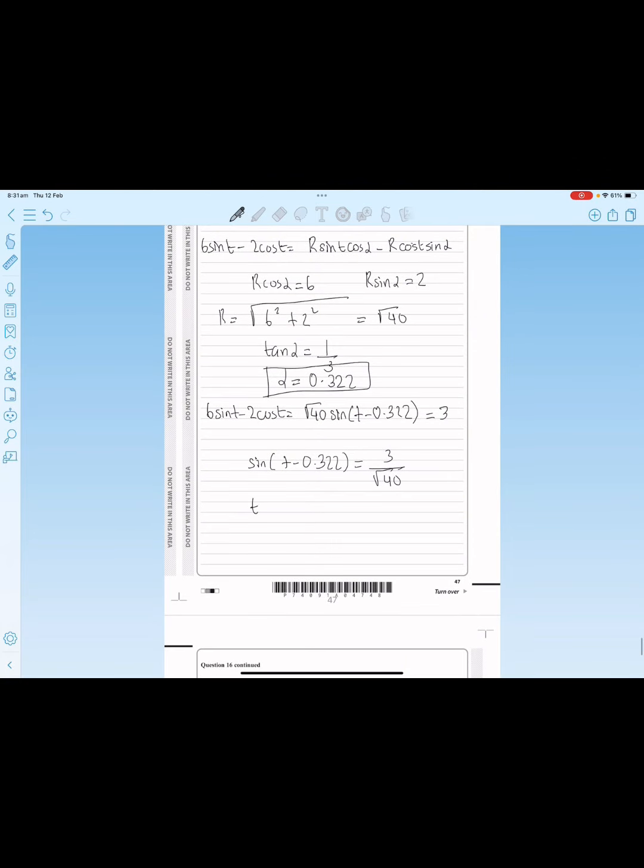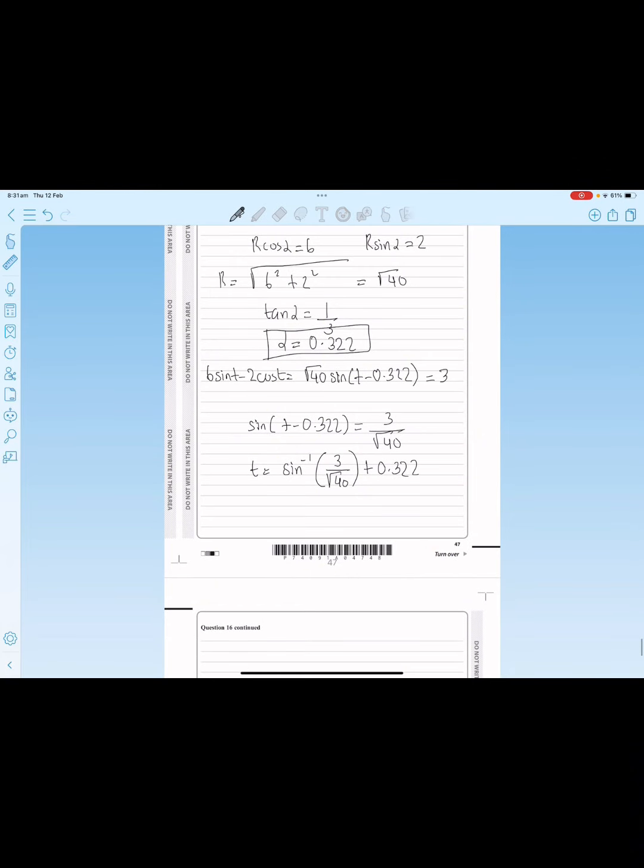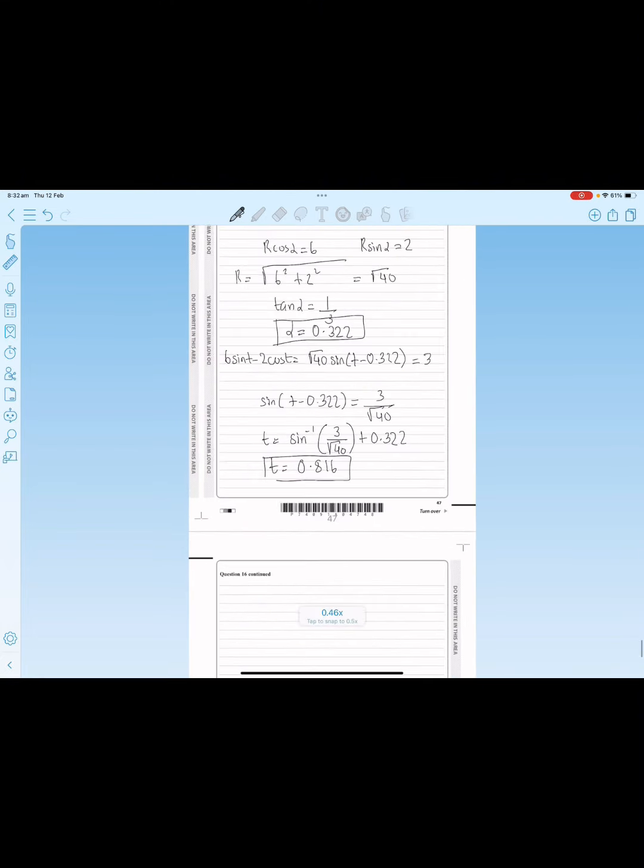Therefore, t would be sine inverse of 3 over root 40, plus 0.322, and t comes out to be approximately 0.816. As it told us to leave it to 3 significant figures, my value of t at Q is 0.816.